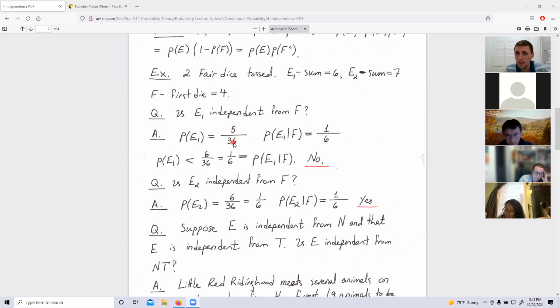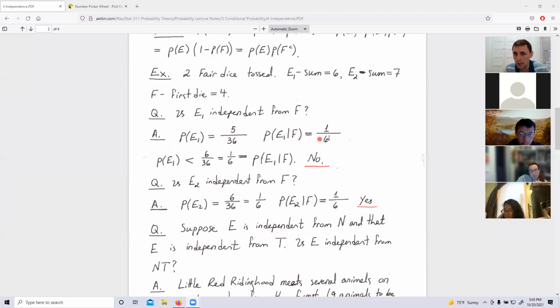Yes? And what about the probability of E1 given F? If I know that the first die is 4, then the second die in general can be 1, 2, 3, 4, 5, 6. There are 6 possibilities for the second die.